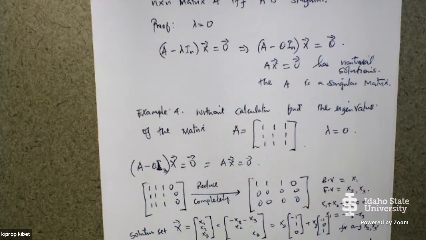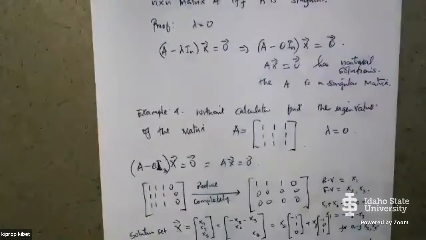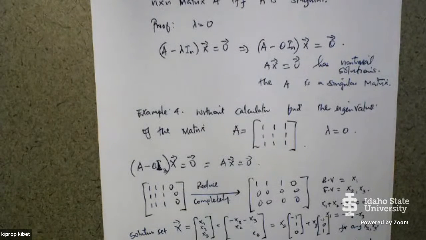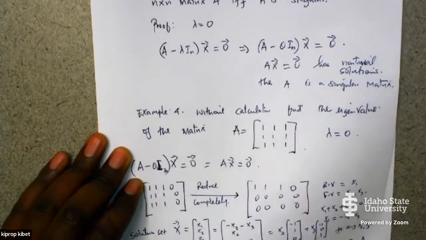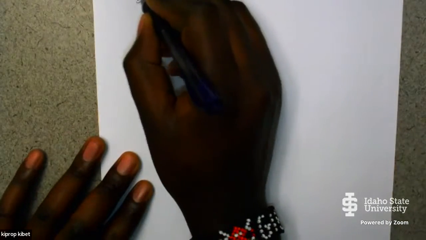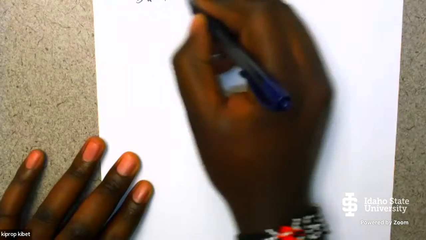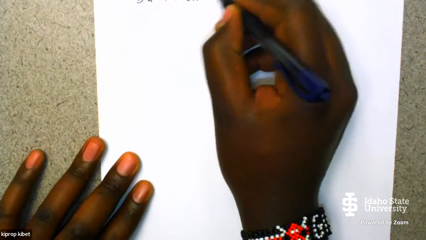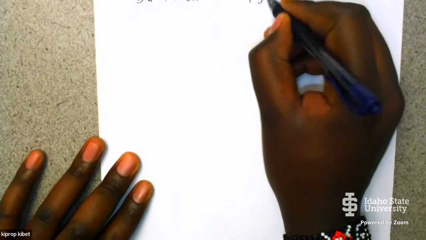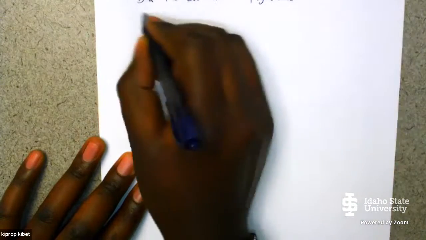So we're done with 5.1. Now let's go to 5.2. This is the characteristic polynomial.